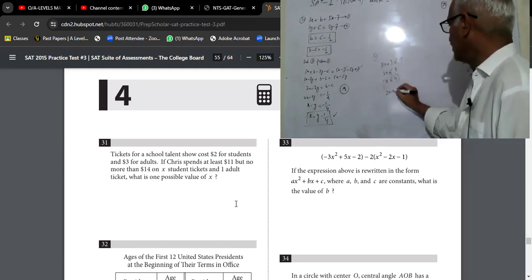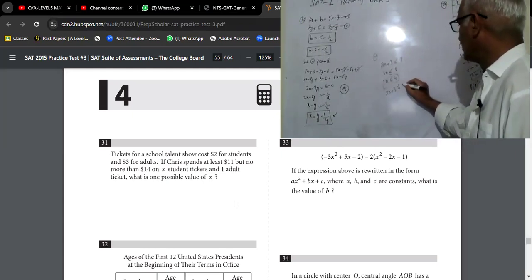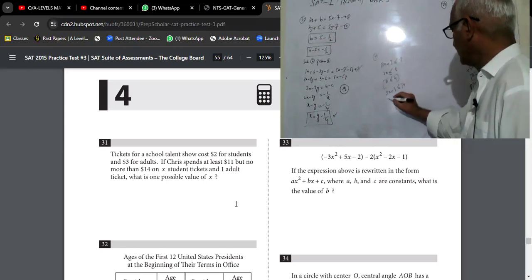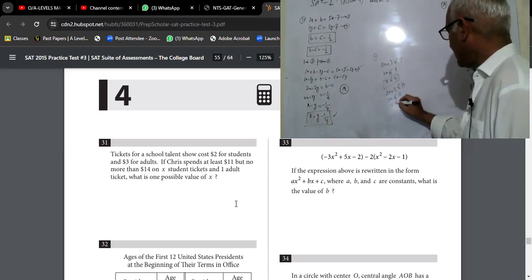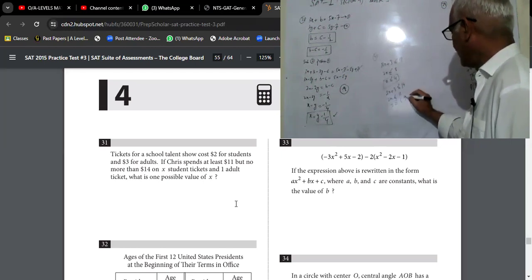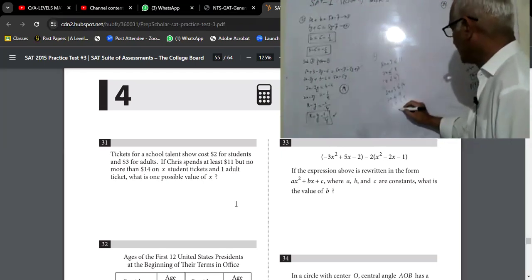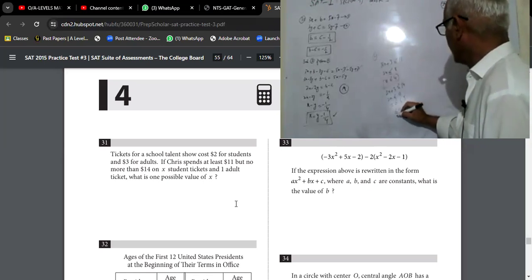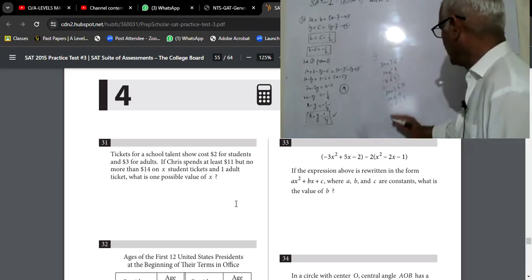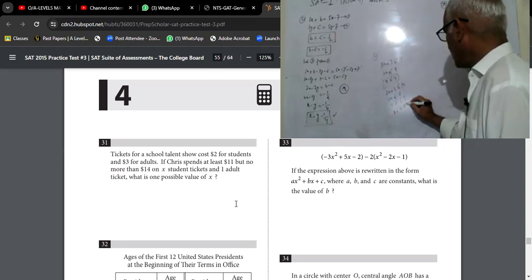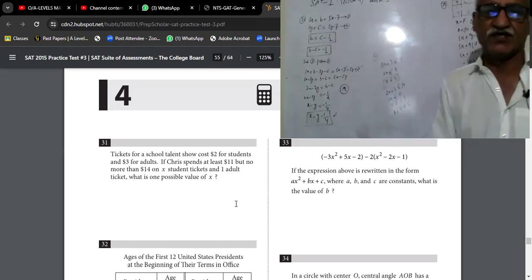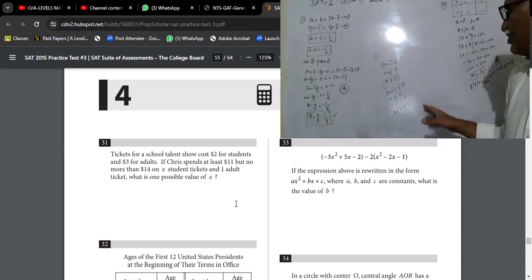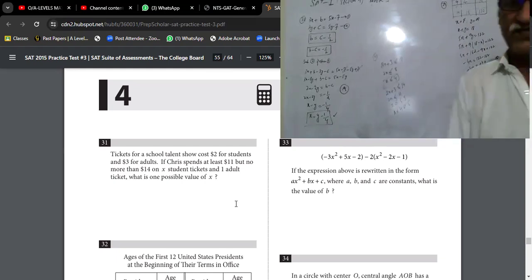The other option is 2x plus 3 is less than or equal to 14, so 2x is less than or equal to 11, and x is less than or equal to 5.5. So x is going to lie between 4 and 5. So the x value is 4 or 5, because 0.5 is a decimal and you cannot have partial students there. So either it should be 4 or it should be equal to 5.